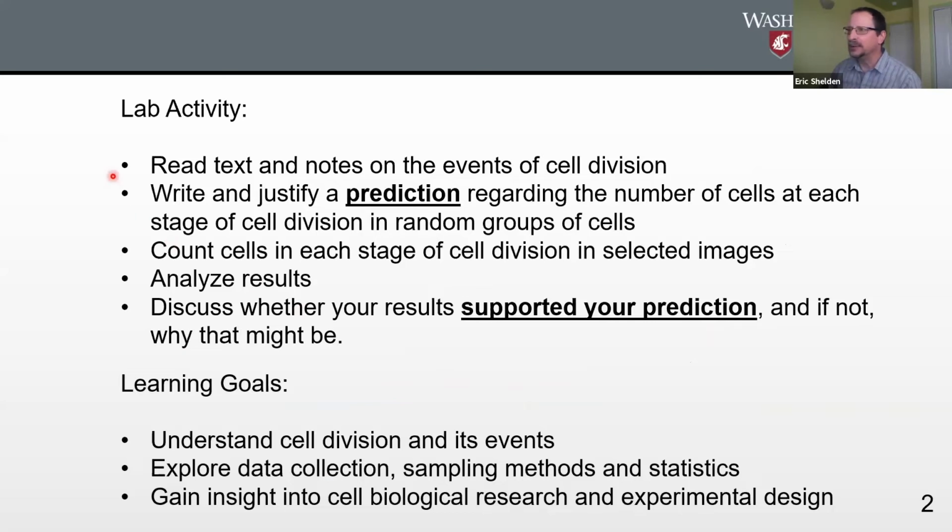So we first asked students to do what they do normally in a cell biology class, which is read about cell division. And then we asked them to think a little bit about the image data that they're going to be presented with and how it was obtained, and write and justify a prediction regarding how many cells they're going to see at each particular stage of cell division, based on what they understand cells are trying to accomplish at each one of the stages.